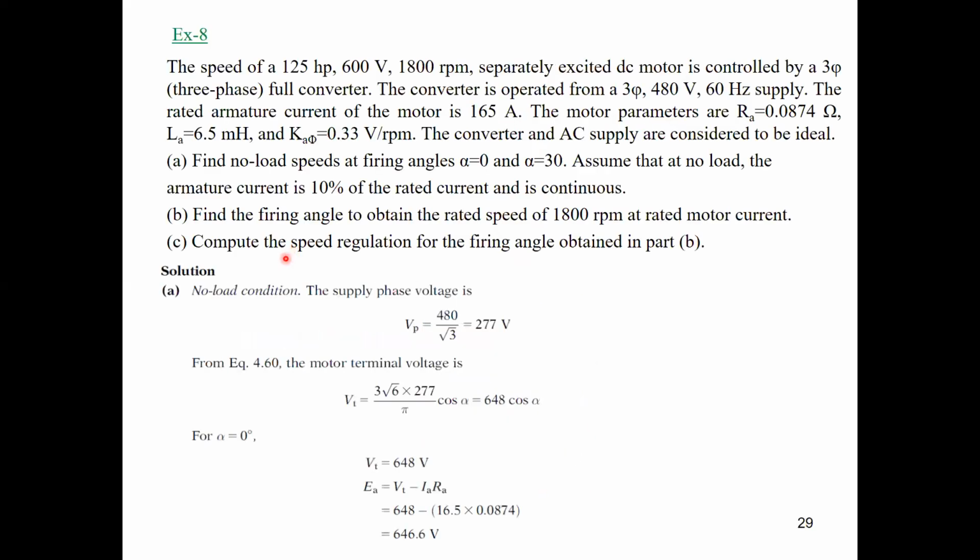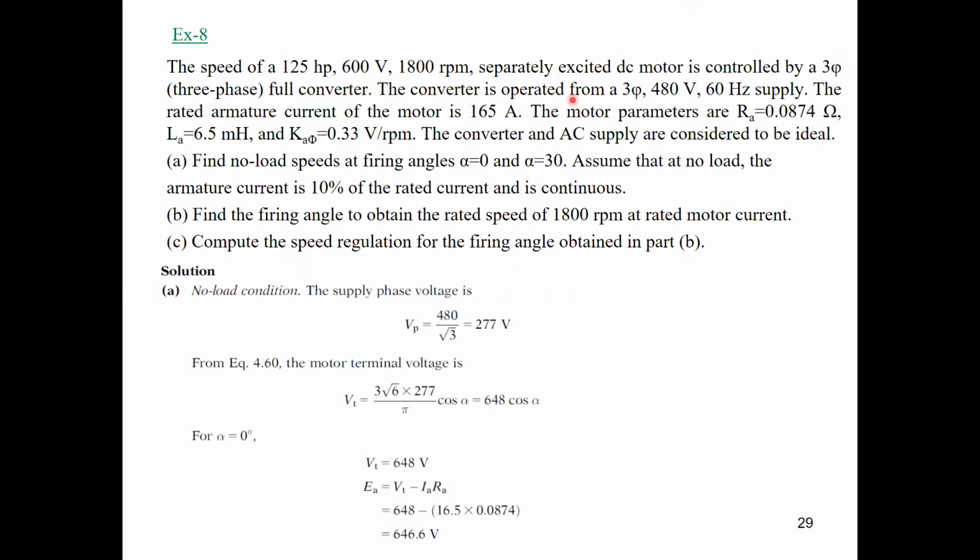Another example: the speed of a 125 horsepower, 600 volt, 1800 RPM separately excited DC motor is controlled by a three-phase full converter, which is the second circuit of the three-phase control network we have described.